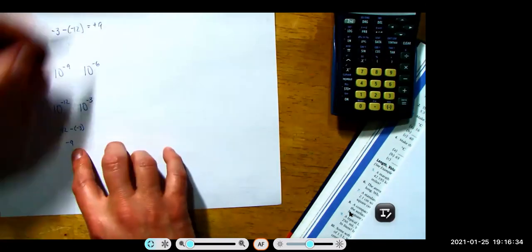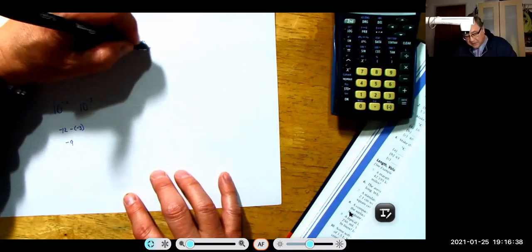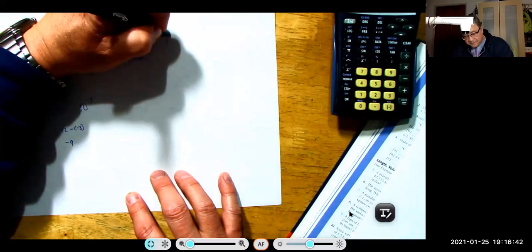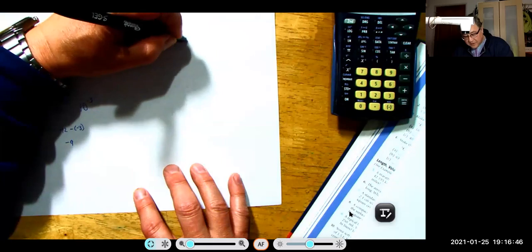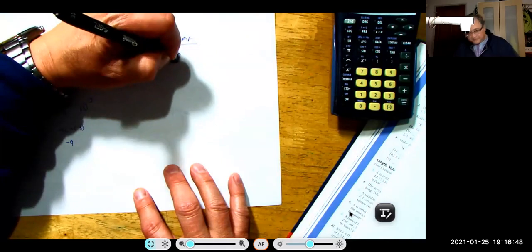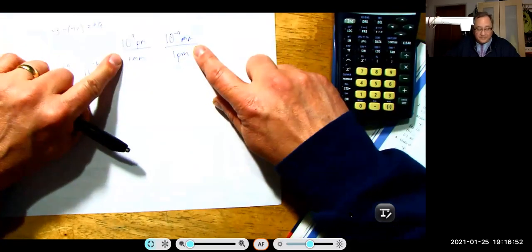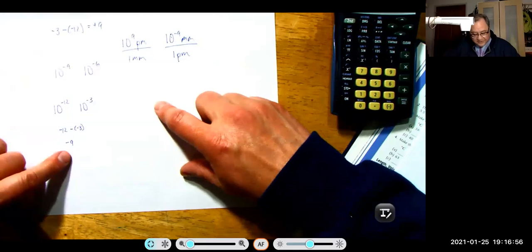So you could say that there's 10 to the 9 picometers per 1 millimeter. Or you could say that there's 10 to the minus 9 millimeters per 1 picometer. These mean the same thing. So you have to be careful about doing this.